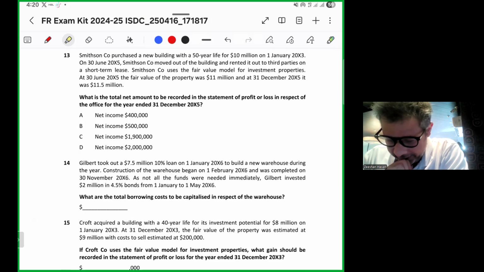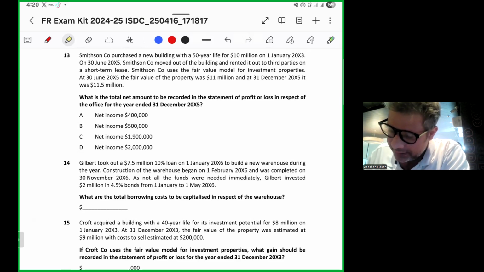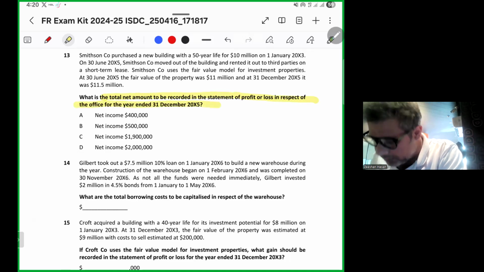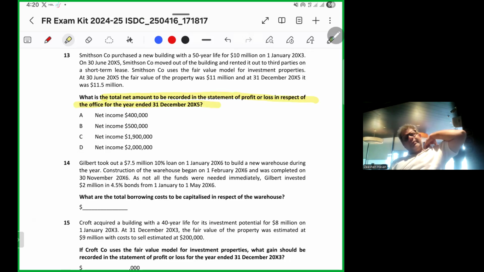At 30th June 2005, the fair value of the property was 11 million, and at 31st December 2005, it was 11.5 million. What is the net investment to be recorded in the statement of profit or loss in respect of the office for the year ended 31st December X5? Okay.